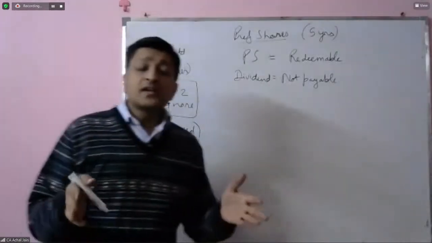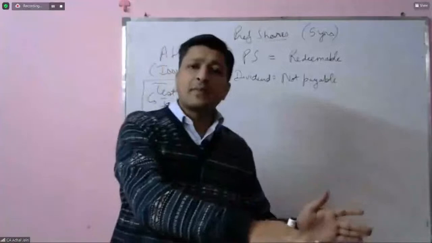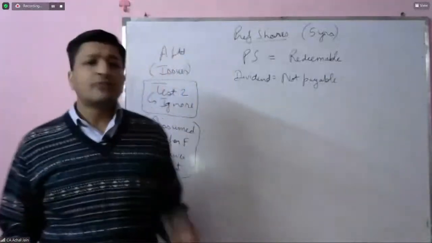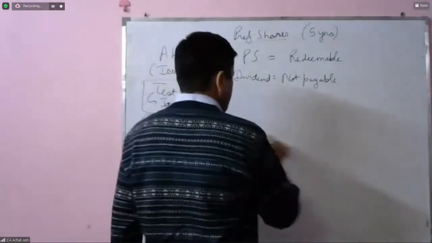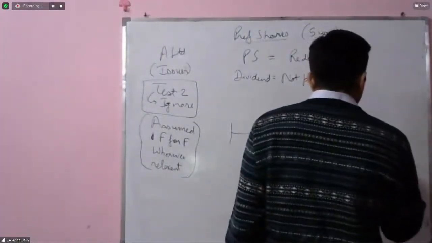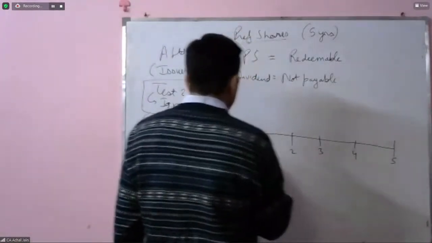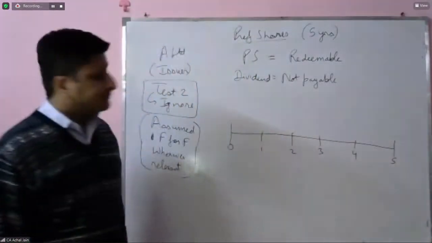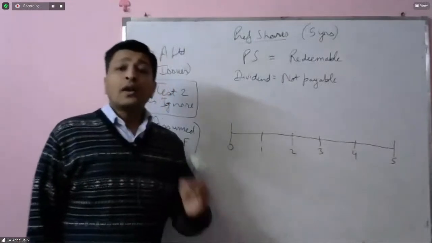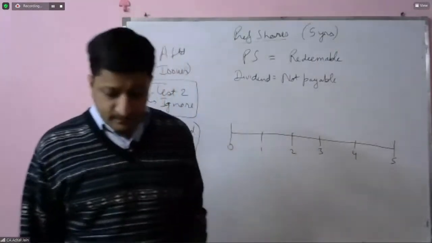And you don't need to understand a new concept today. It's the same concept that I will apply in terms of measurement of financial liability. This is 5th year, 4th year, 3rd year, 2nd year, 1st year, and day 0. For any financial instrument, what did we understand?